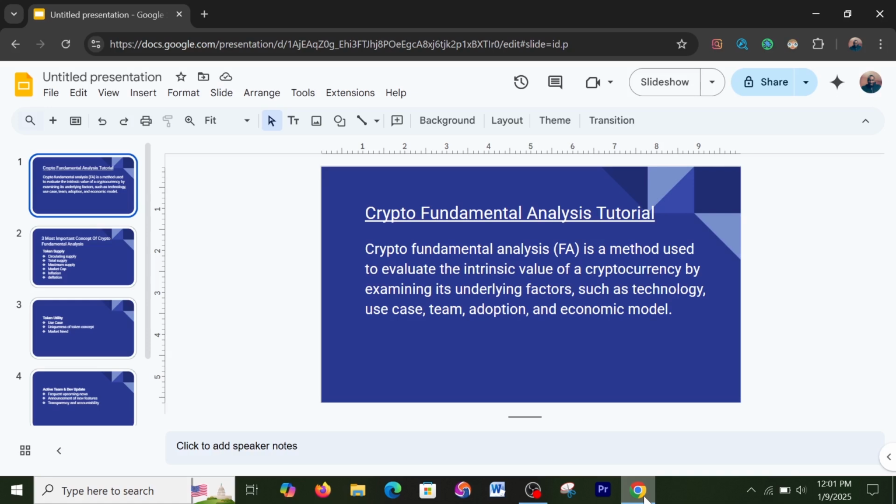So the first thing is to define crypto fundamental analysis. What is fundamental analysis in the realm of crypto? It's a method to evaluate the intrinsic value of a cryptocurrency by examining its underlying factors such as technology, the use case, the team, adoption, and economic model.